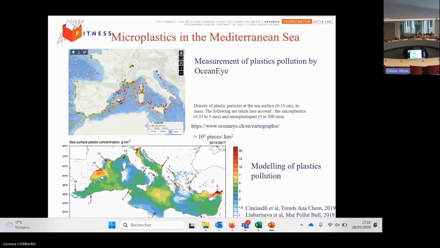This is also quite interesting because it can help us to understand the pollution dynamics. One thing one can see is that, as I was telling you, 80% is coming from the land and 50% from the rivers, the high pollution concentrations are always where the big European rivers go into the Mediterranean Sea.